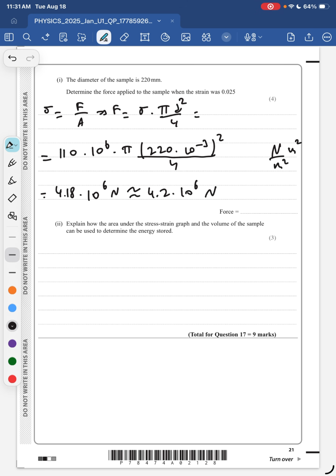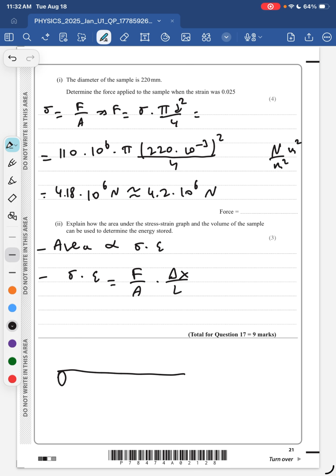Part 2, explain how the area under the stress-strain graph and the volume of the sample can be used to determine the energy stored. So the area is proportional to stress times strain. But what kind of units does stress times strain have? Stress times strain can be written as force per cross-sectional area times the extension over the original length.